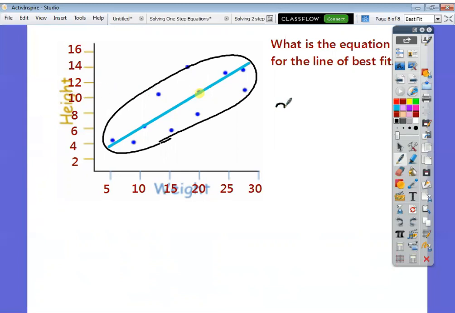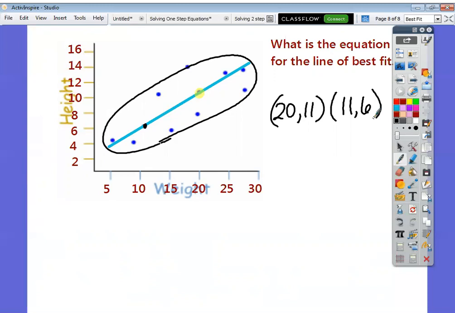So that coordinate is (20, 11). And this coordinate is pretty good too. It looks like it's probably (11, 6). Some pretty good coordinates that we can use. Hopefully when you do this, your coordinates will work out a lot nicer than mine did.